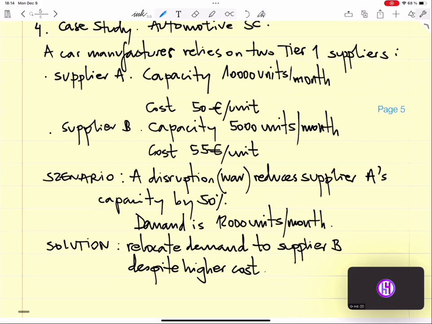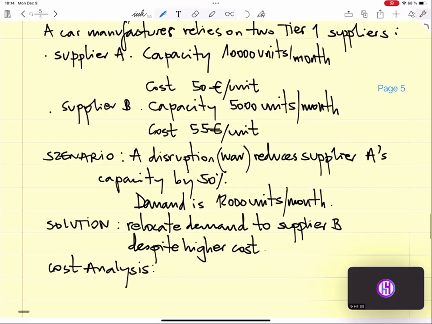So the cost analysis would be a total cost of 5,000 units times 50 euro. I guess I need to change this capacity to 7,000.